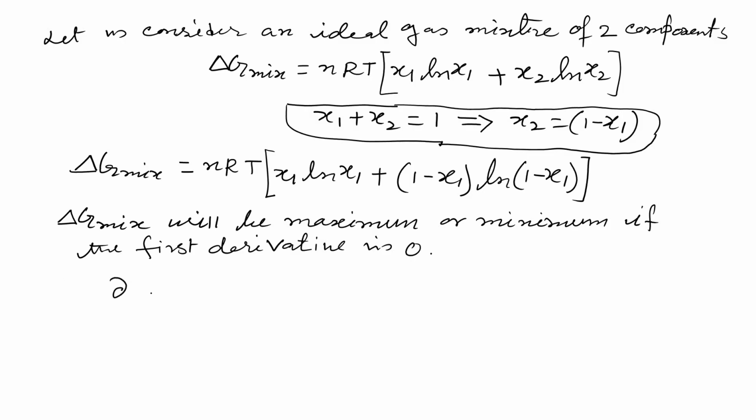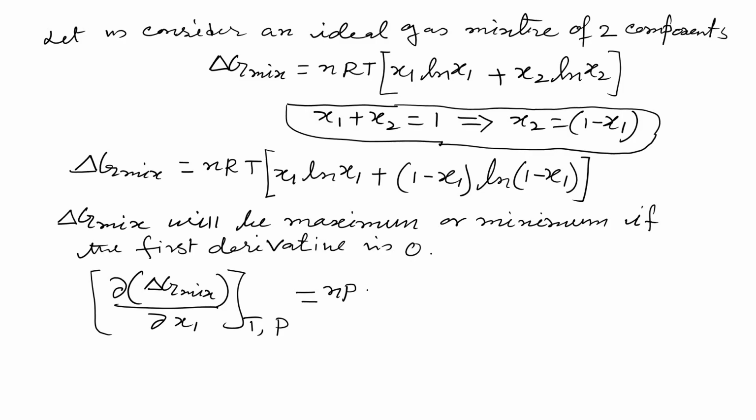So dole of delta G mixing by dole x1 at constant temperature and pressure will be equal to, now I have to differentiate this part, right? So this is nRT, this is independent of x1.